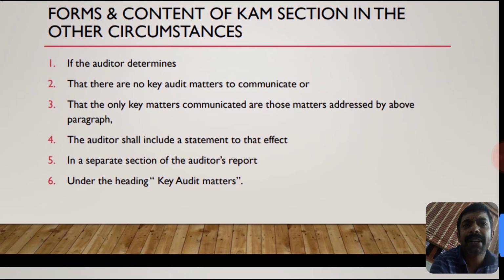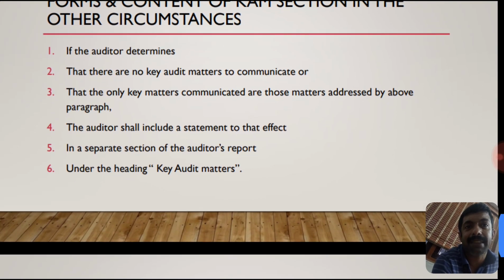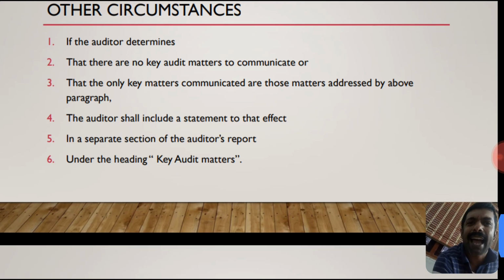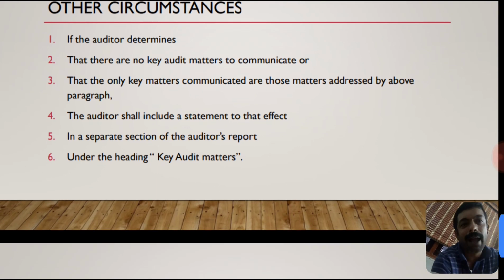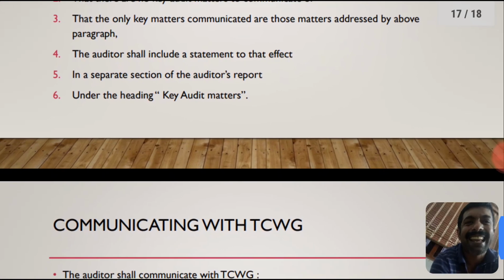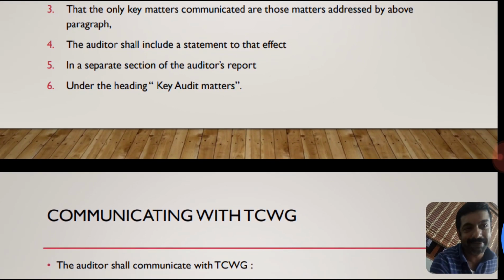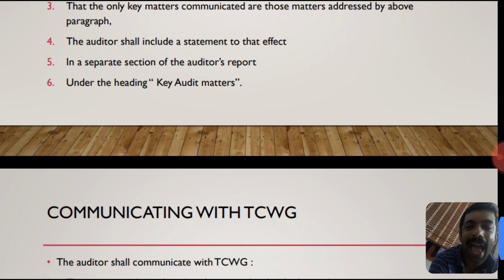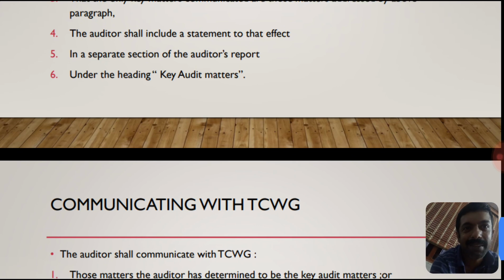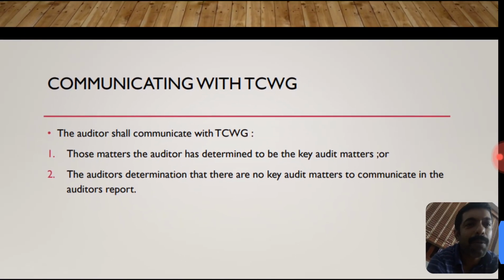If the auditor determines that there are no key audit matters to communicate, or that the only key audit matters are those covered by SA 570 or SA 705, then the auditor shall include a statement to that effect. There is no key audit matter other than those mentioned in SA 570 and SA 705. That will be the wording.